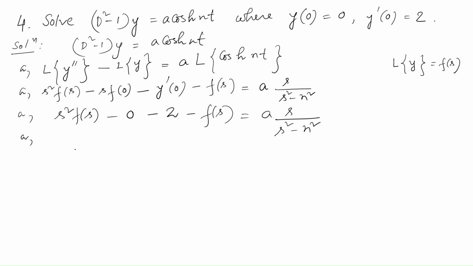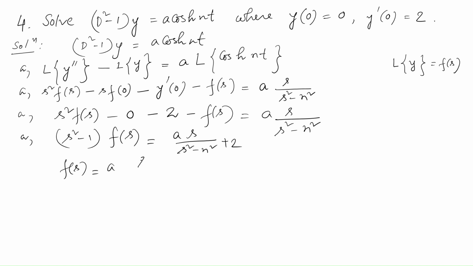Let us take F(s) common, then (s square minus 1) F(s) is a s by s square minus n square plus 2. So F(s) is a s by (s square minus n square)(s square minus 1) plus 2 by s square minus 1.